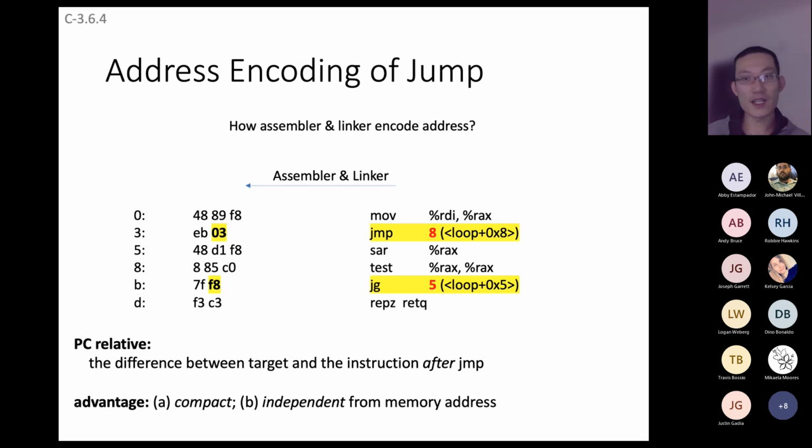We find the baseline address, which is the address of the next instruction. And then we have the offset. This is where the relative part comes into play. We calculate the target address on the fly, which is the baseline plus the offset, so that we can move our program anywhere without modifying the target address. That's an advantage of doing so.